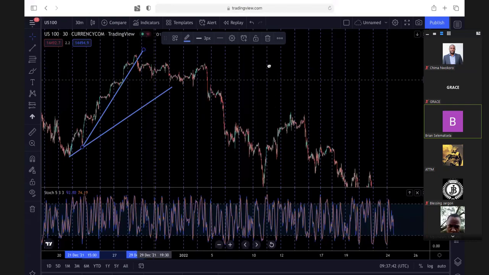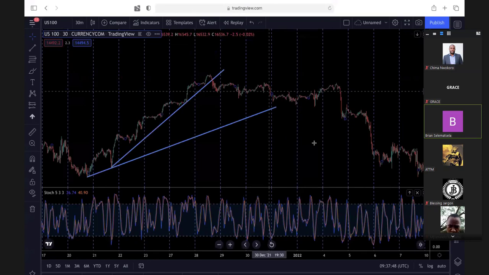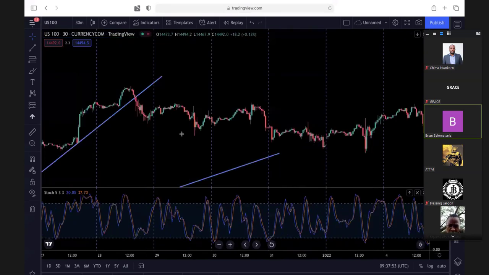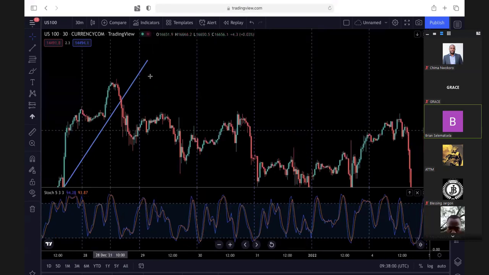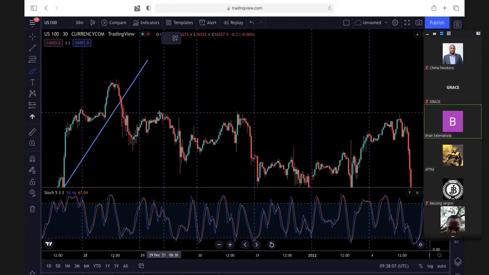And looking at the first divergence, the first divergence on this time frame that I can see with my own eyes is from this point where the stochastic was there, and that point where the market was there.